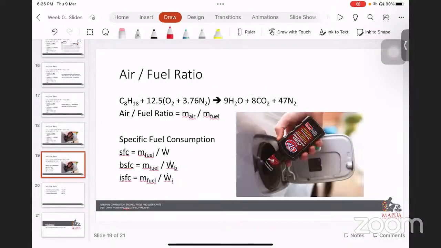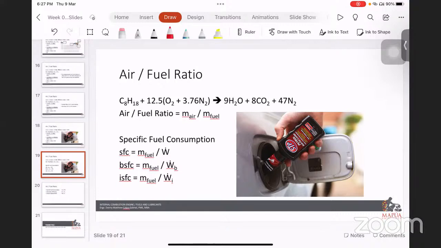Okay. So, kung meron ka na ngayong amount of fuel, the ratio between the amount of fuel you're using versus the amount of work. Nung last previous week, ang topic natin ay yung work. So, the amount of fuel divided by the amount of work that you are getting is called the specific fuel consumption. So, depende rin kung anong work ang gagamitin mo.